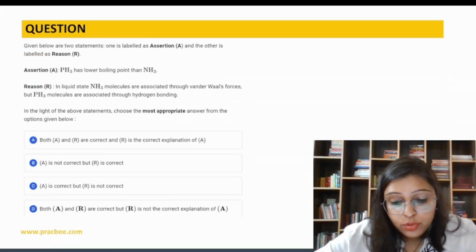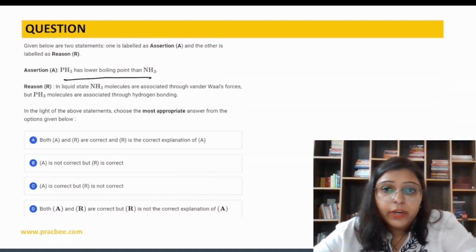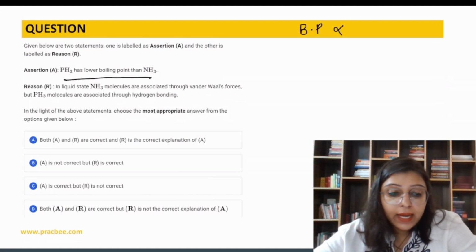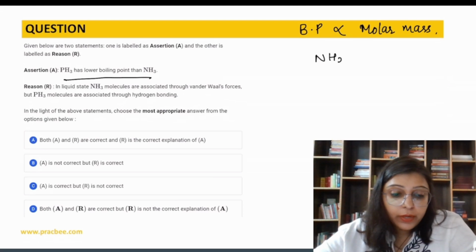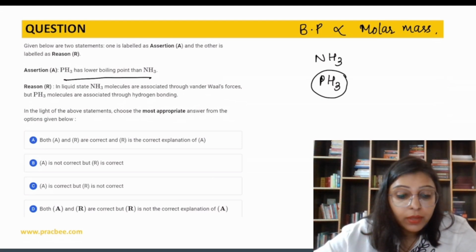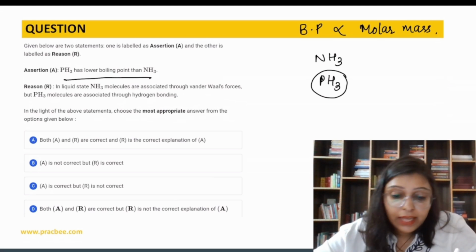Now, let's do the next question. PH3 has a lower boiling point than NH3. See, boiling point is directly proportional to molar mass. So if we have more mass, then the boiling point is more. So if we talk about NH3 and PH3, what is the expected boiling point? PH3 should have a higher boiling point in comparison to ammonia. But PH3 has a lower boiling point than ammonia. Yes, this is true.